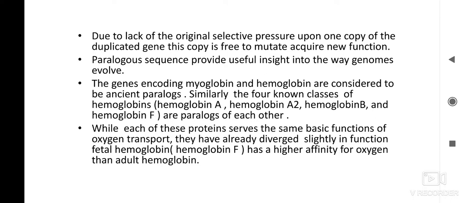Similarly, the four known classes of hemoglobins, hemoglobin A, hemoglobin A2, hemoglobin B, and hemoglobin F, are paralogs of each other. While each of these proteins serves the same basic function of oxygen transport, they have already diverged slightly in function. Fetal hemoglobin has a higher affinity for oxygen than adult hemoglobin.